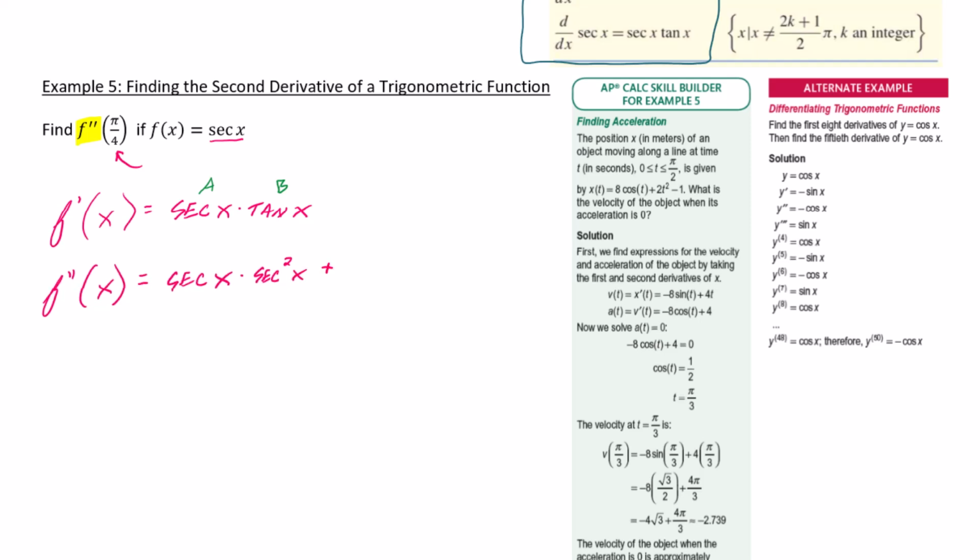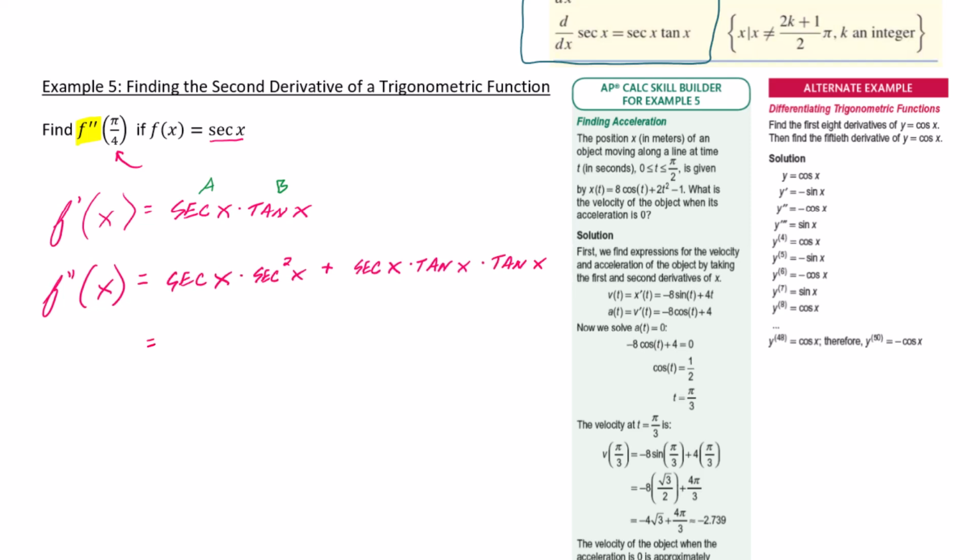Then it will be plus, this time do a prime, which is secant of x times tangent of x. That's the derivative of secant. Then times the original b, which is tangent of x.